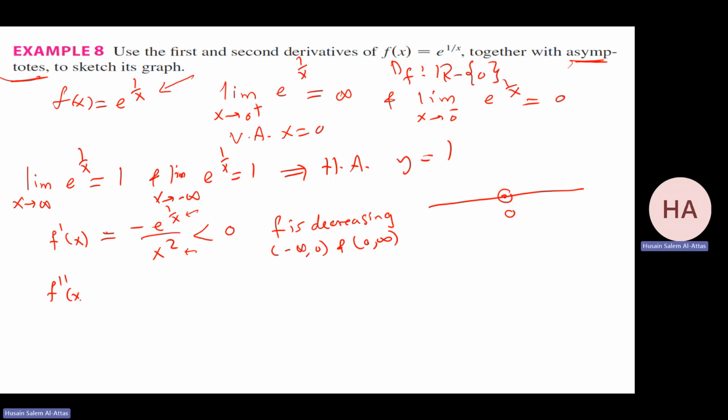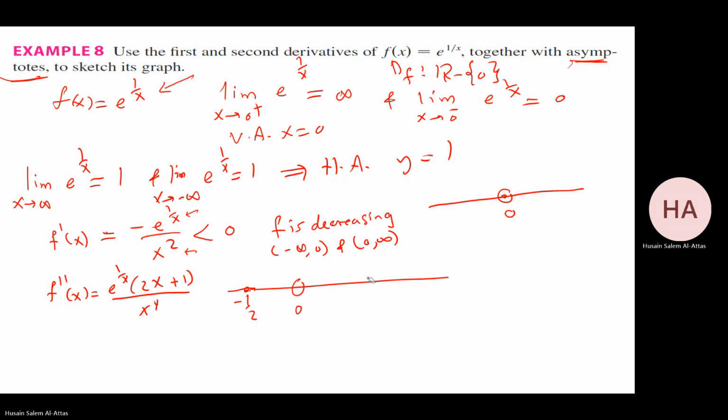Take f double prime. Do the calculation, you get this. So I need to worry about 0, minus half, and 0. Okay.